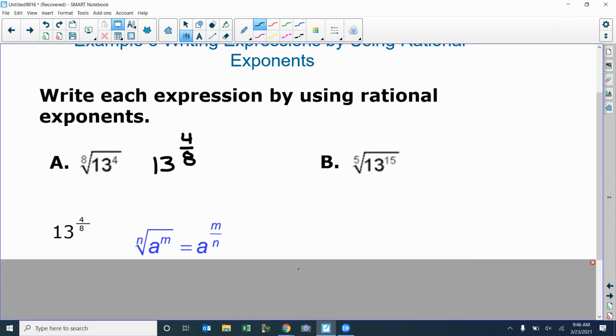Which will be what? 13 to the half. Letter B, what do you think? 13 to the third, okay? So it would be 13 to the 15 over 5, which is 13 to the third.